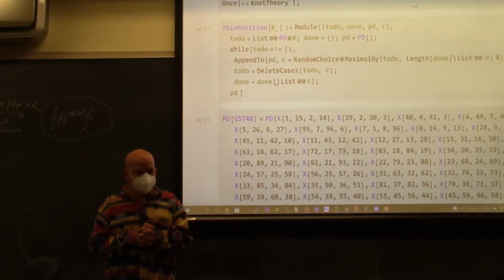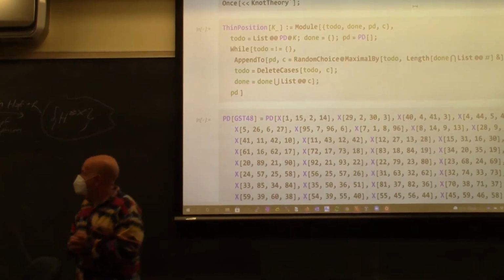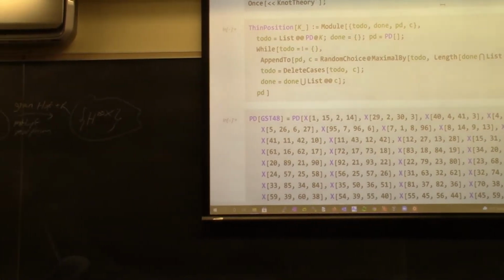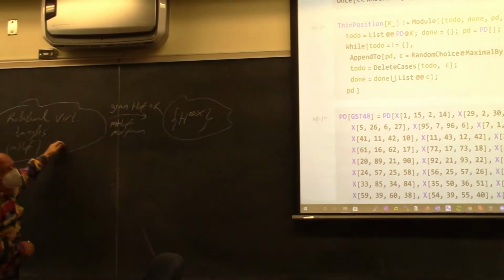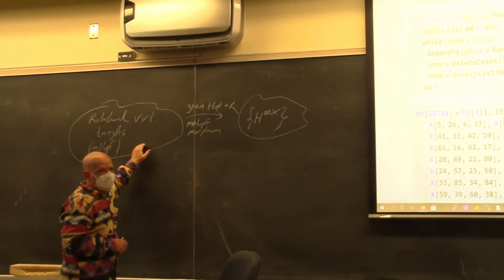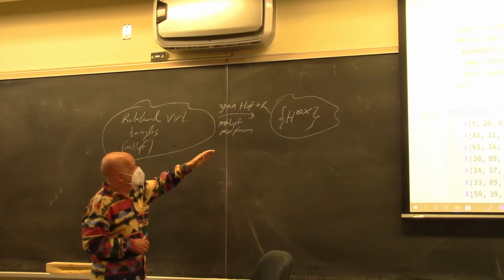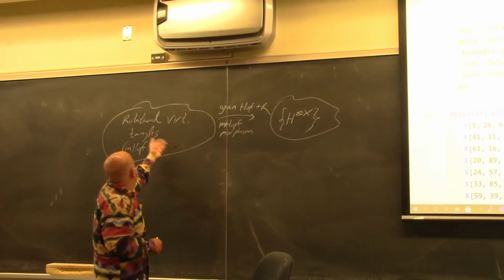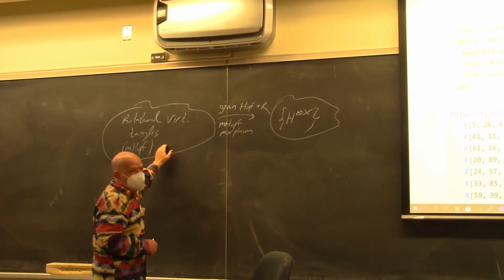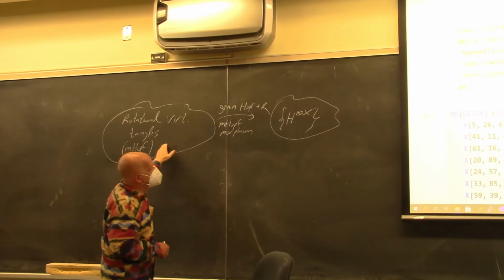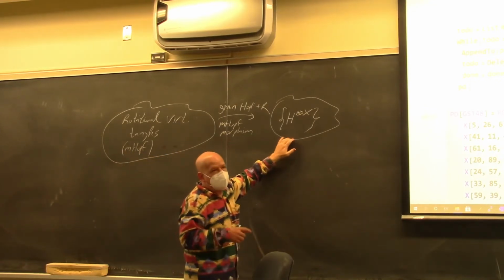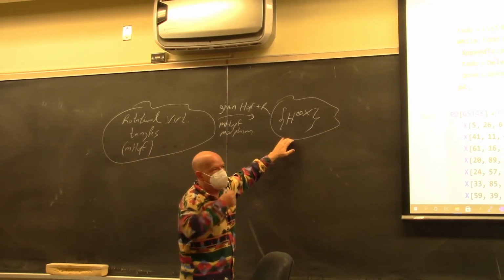Let me remind you where we were. In principle, given some sort of an algebra, we are constructing a morphism from some sort of meta-algebra of tangles to the meta-algebra of powers of that original algebra.